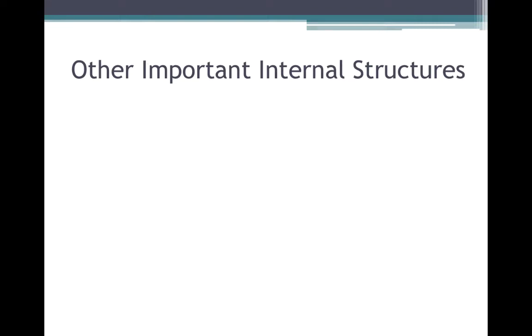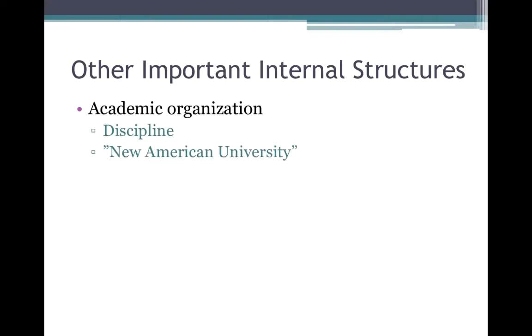Related to the structure of any given individual college or university, there are a few other dimensions that I'd like to highlight. So the first, and I'm conceptualizing this especially from my standpoint as a scholar who focuses on faculty and academics in my research, is how knowledge is organized within any given college or university. That is an important and meaningful contextual characteristic, at least from my vantage point in terms of studying faculty and their careers and their work lives.